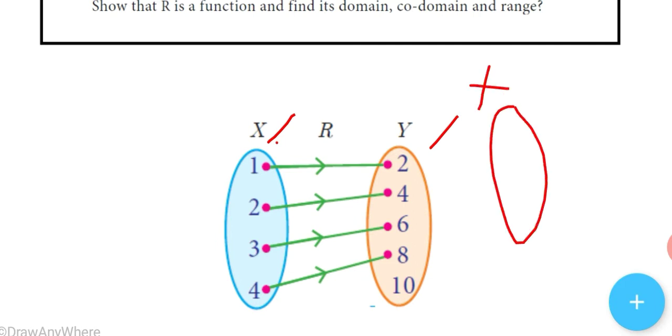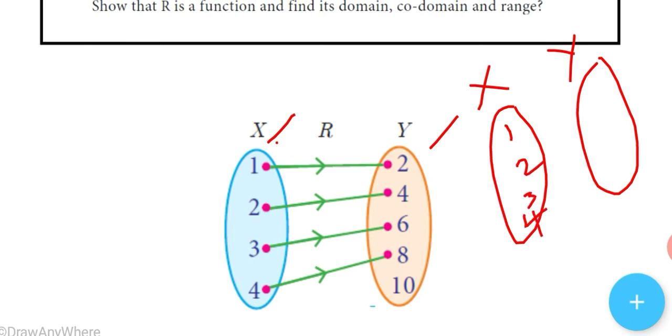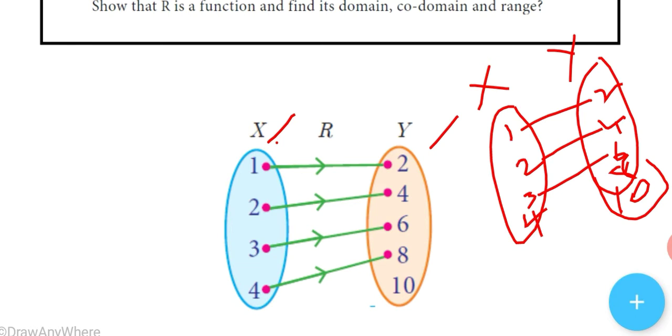X, Y. Okay, in X set we have 1, 2, 3, 4. Set Y has the elements 2, 4, 6, 8, 10. Okay, 1 is associated with 2, 2 is associated with 4, 3 is associated with 6, 4 is associated with 8. Okay, so it is given in the relation.